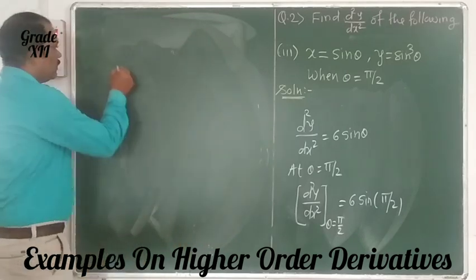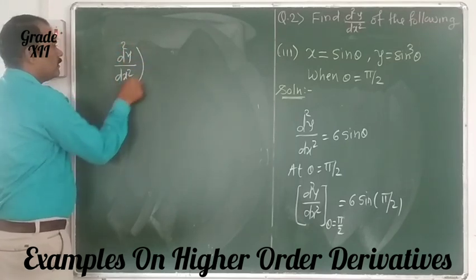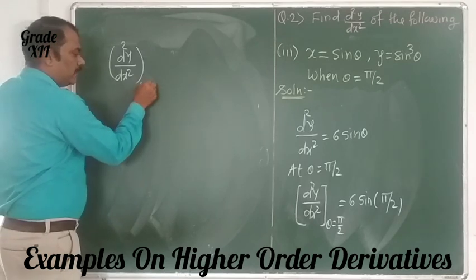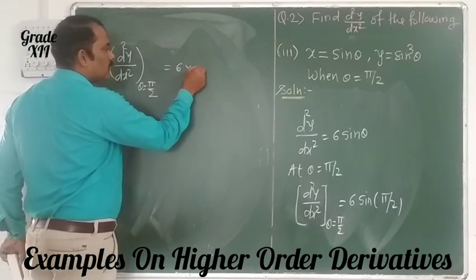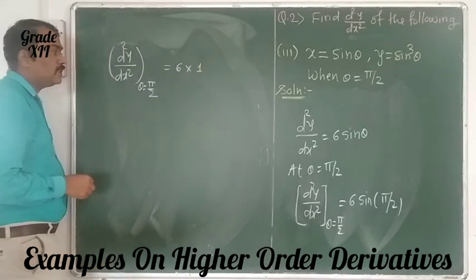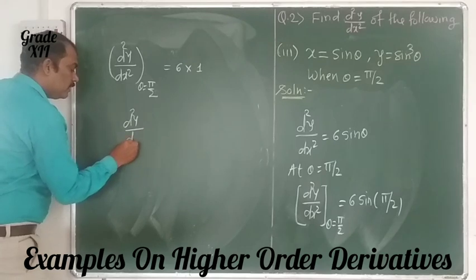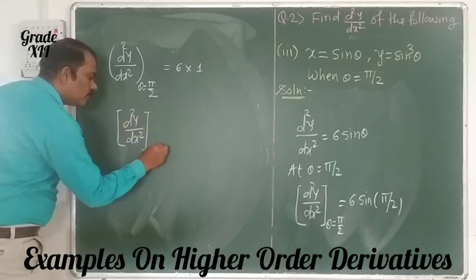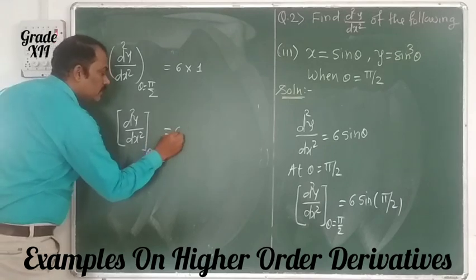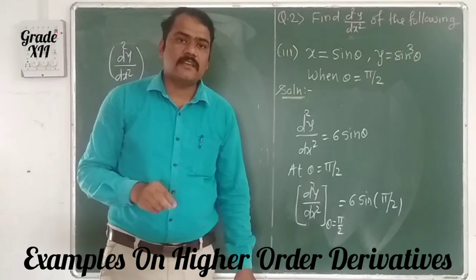So d2y by dx square at theta is equal to pi by 2 is equal to 6 into 1, that is 6, which is the required answer.